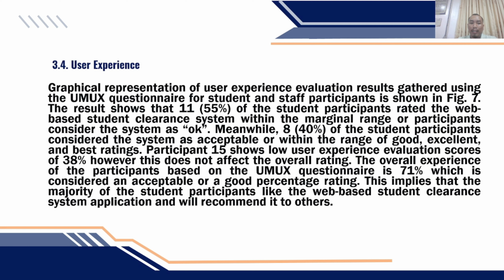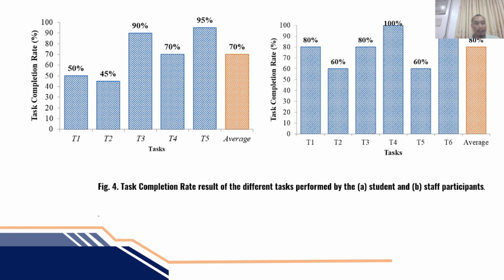This implies that the majority of the student participants like the web-based student clearance system application and will recommend it to others. This is figure 4 presenting the task completion rate result of different tasks conducted by the participants, categorized as A students and B the staff.